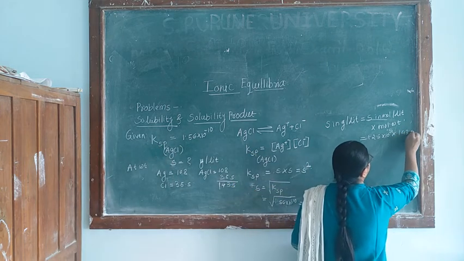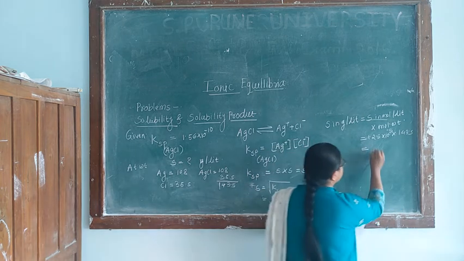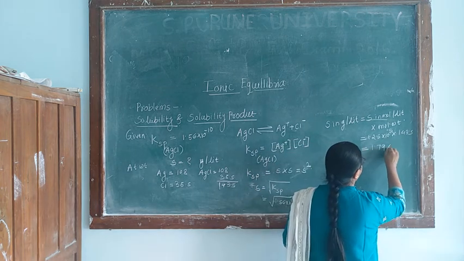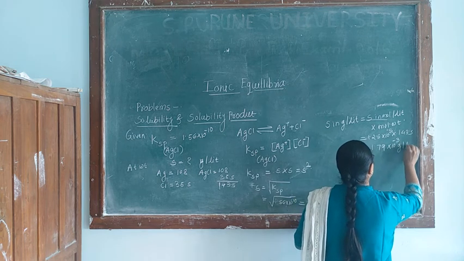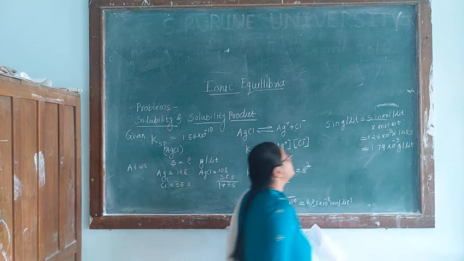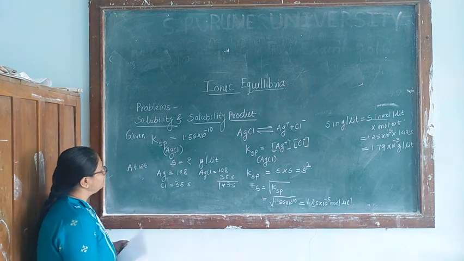This is the molecular weight, and therefore the solubility in grams per liter is 1.79 into 10 to the power minus 3 grams per liter. So this is the solubility of silver chloride in grams per liter.